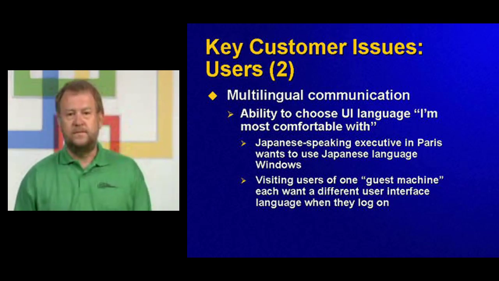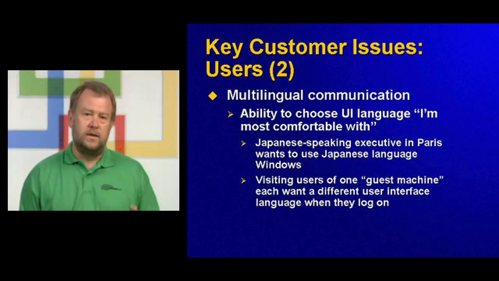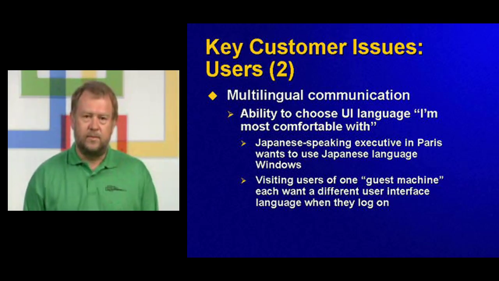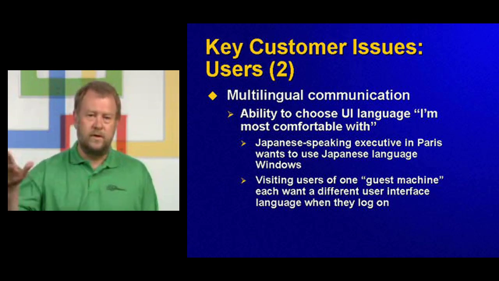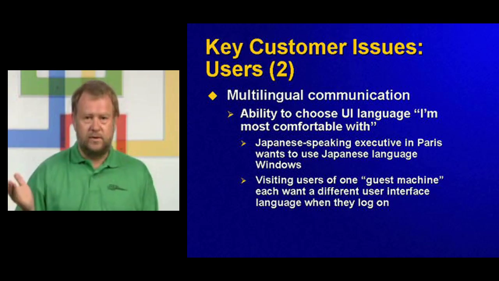So, for example, you might have someone who's a Japanese executive, visiting Paris or on a long-term stay in Paris or Germany or somewhere, and most of the operating systems there are in that local language, but he wants to be able to use it in his particular language. In that case, he'd like to be able to use Japanese.